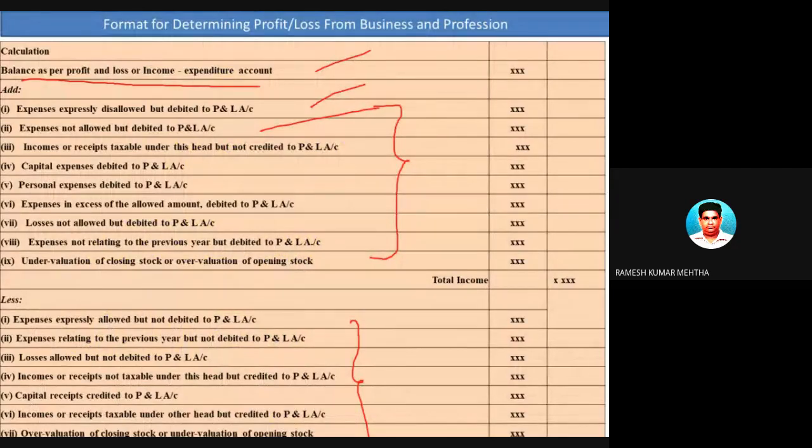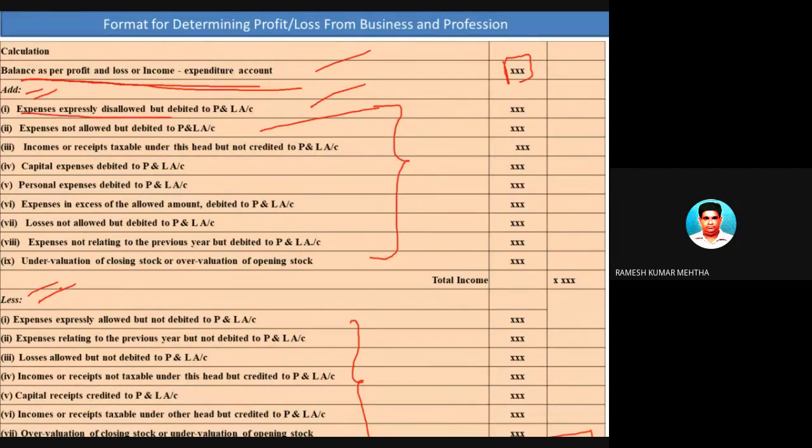So this is the format. It is given here: balance as per profit and loss account. This is an amount, and these are the items which should be added, and these are the list of items which should be deducted, so as to get the final amount of profit or gains or losses from business or profession.